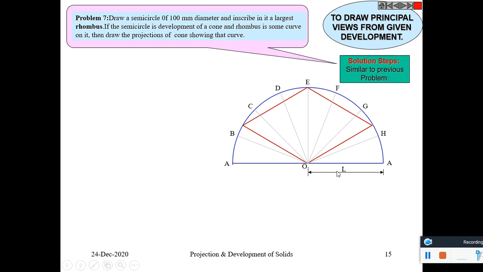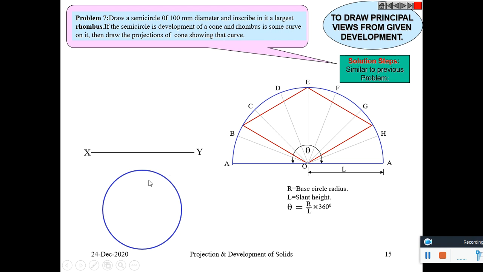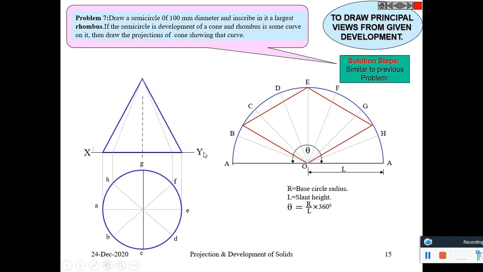This is the slanted length of the cone. Theta is 180 degrees. We can calculate R, and using R draw the top view. Divide it into 8 equal parts. Then draw its front view. Slanted length is known from here, marked here as L, and draw the other generators as well.